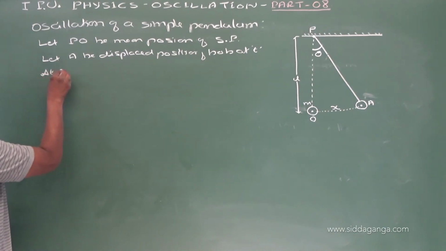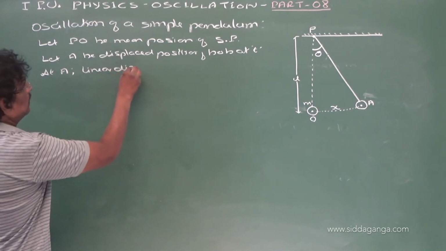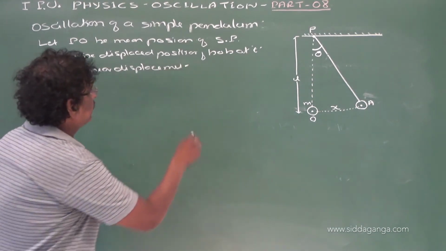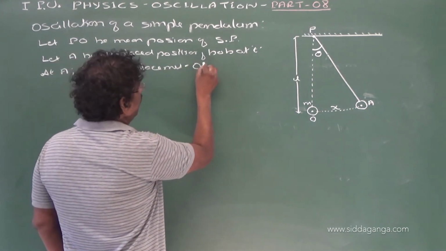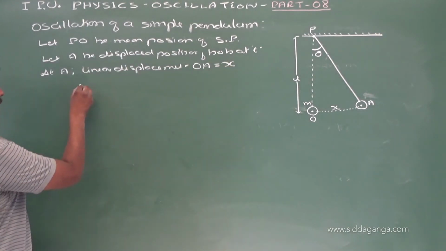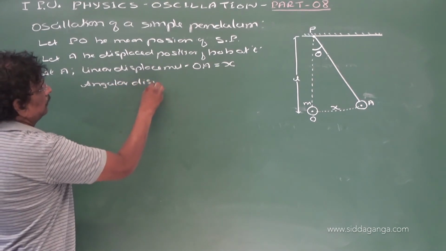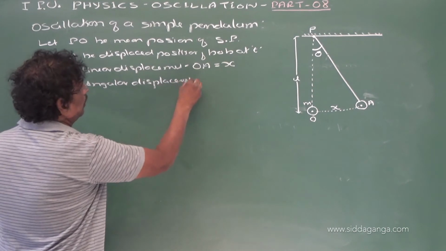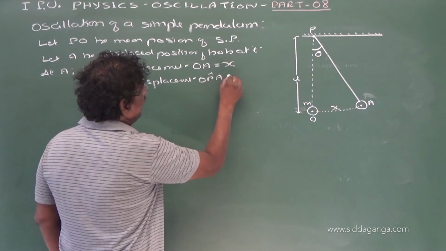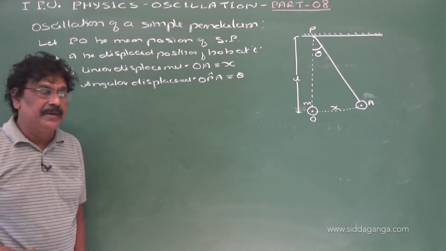Now at A we have linear displacement, OA is equal to x, and angular displacement, angle OPA is equal to theta, right.